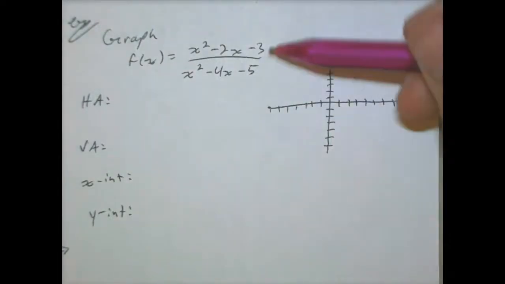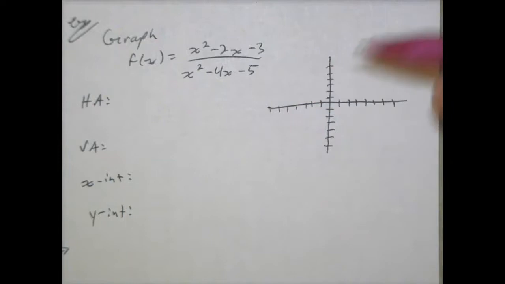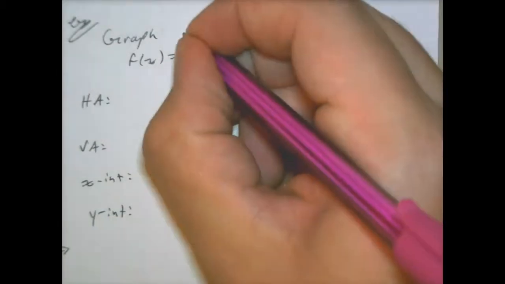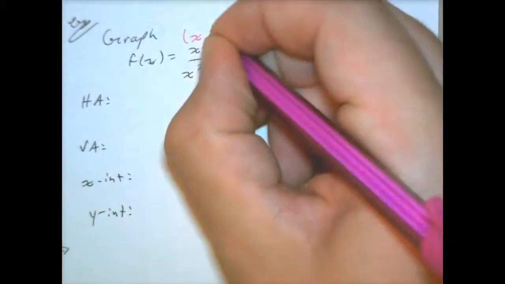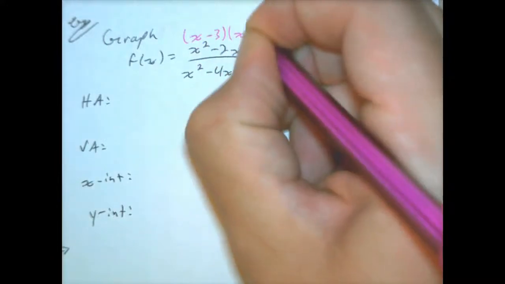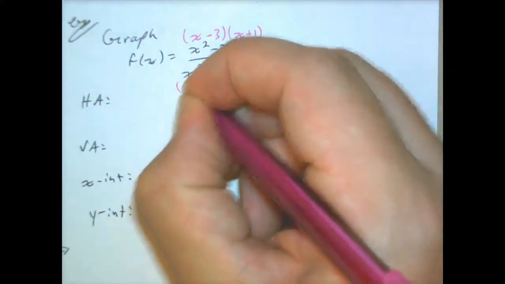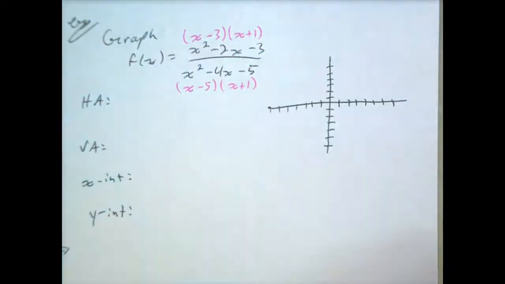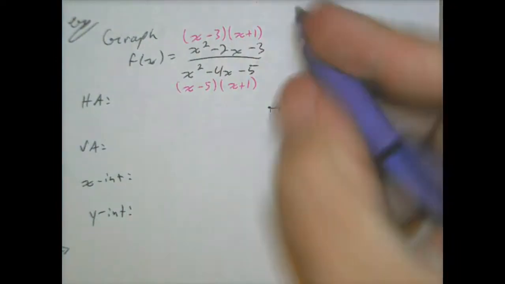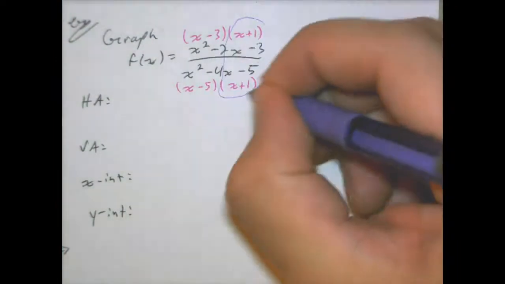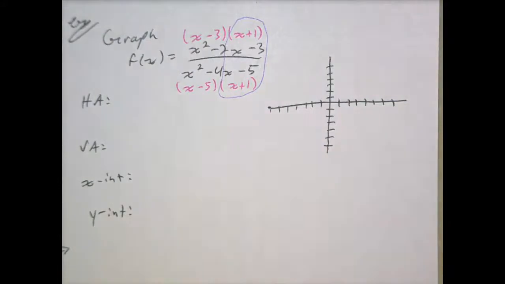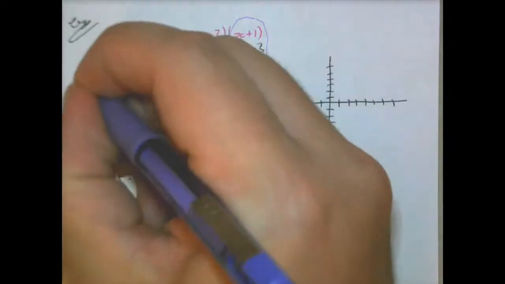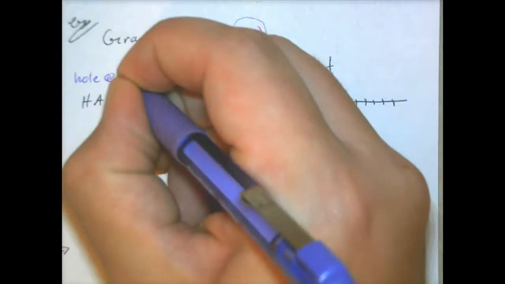In this one, I noticed that I have a squared on the top, squared on the bottom. So when you have ones like these, don't forget about those things that we call holes, where we have discontinuities. The way that we find that is if we factor the top and we factor the bottom, if there's a factor in common, see how this x plus 1, we have it in common, that is going to have a hole at x equals negative 1.